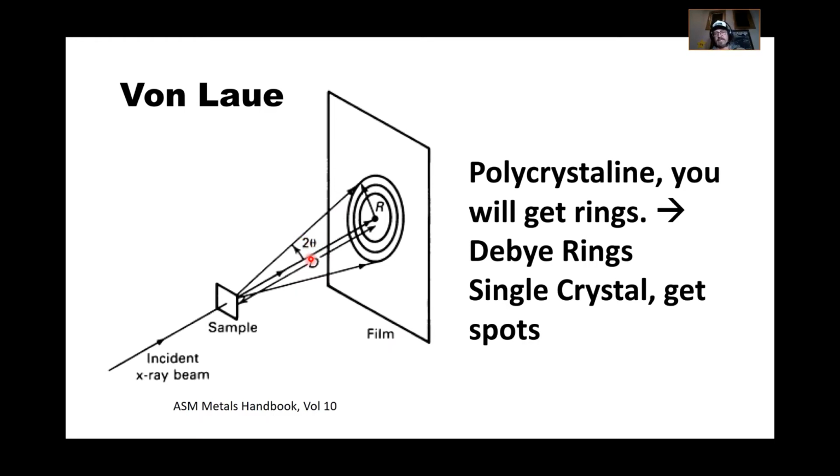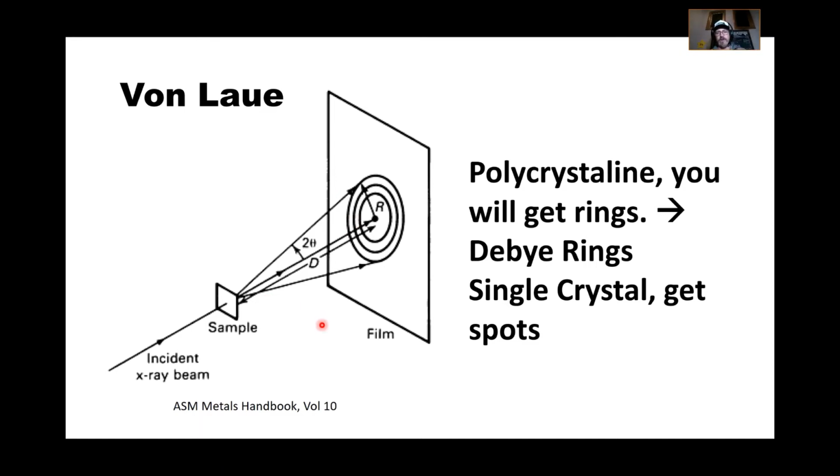I explained why we report things in 2 theta slightly differently in previous lectures, but here it's convention, and maybe it's a little clearer this way.